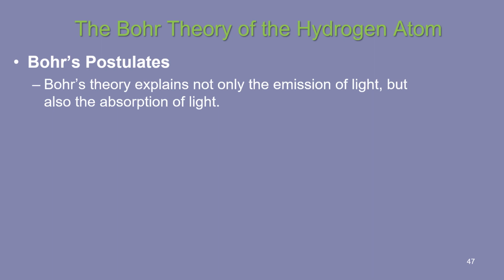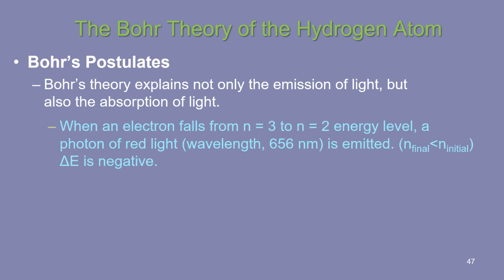So Bohr's theory explains not only the emission of light, but also the absorption of light. Like I said, if an electron falls from 3 down to 2, that delta E will have a value, and once you solve for wavelength, it's 656 nanometers, it's emitted, because delta E is negative.